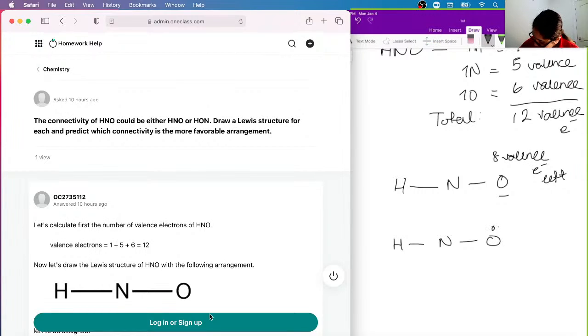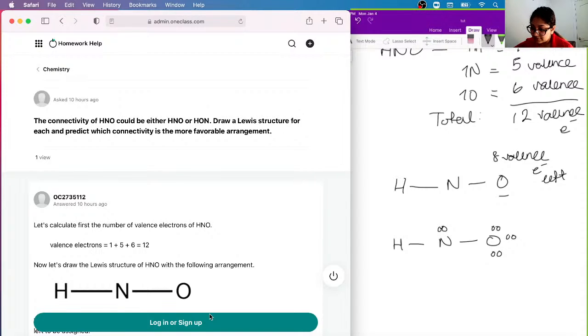Okay, so oxygen would have 3 lone pairs in this case, and then nitrogen would have 2. And so what we can see from here is that the nitrogen atom doesn't have an octet yet.